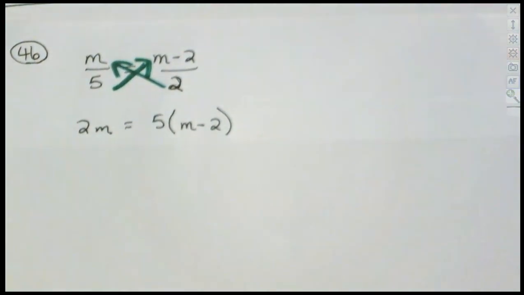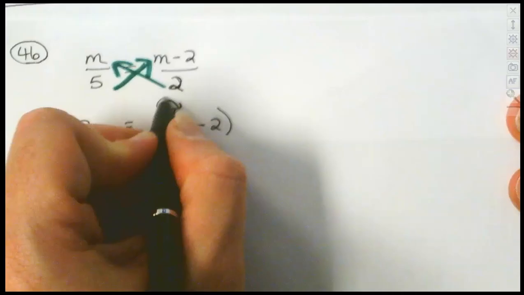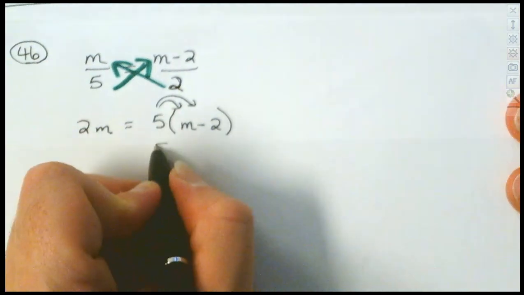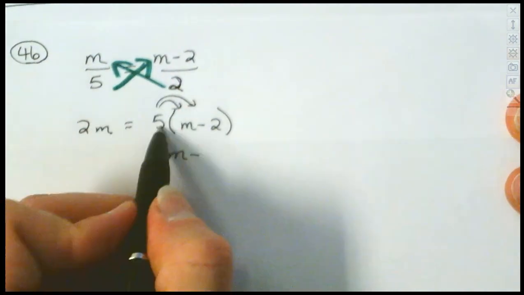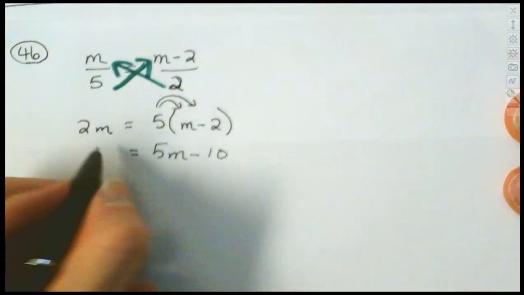Now you can go ahead and distribute that 5 through and solve this out. So distribute your 5 through, and that gives you now 5 times m, that's 5m. 5 times a negative 2, that's a negative 10.